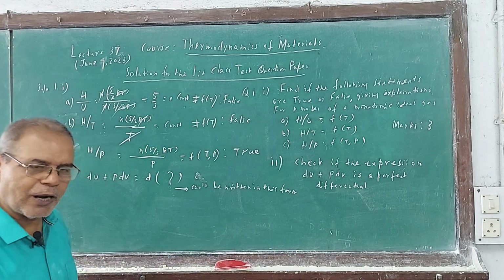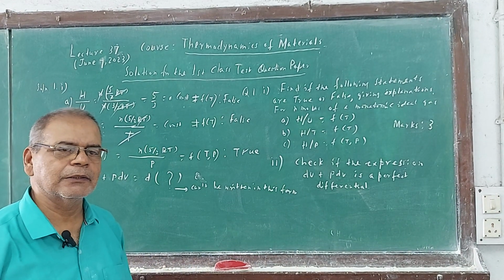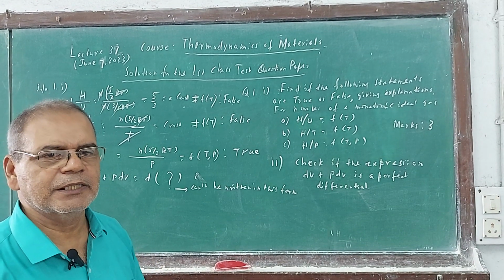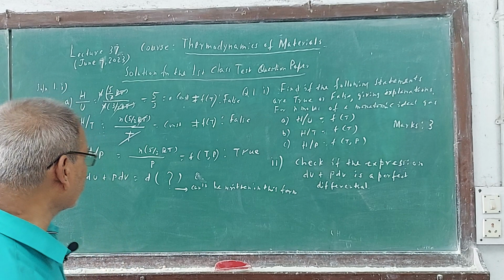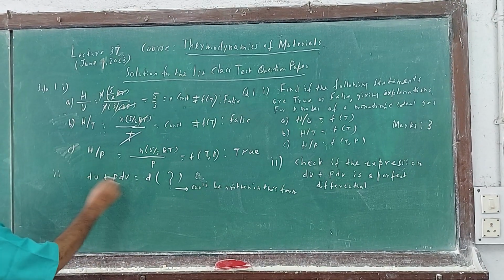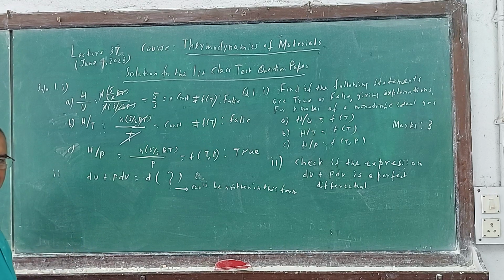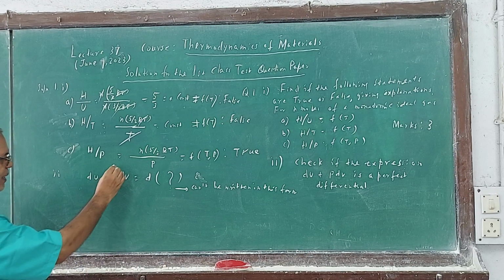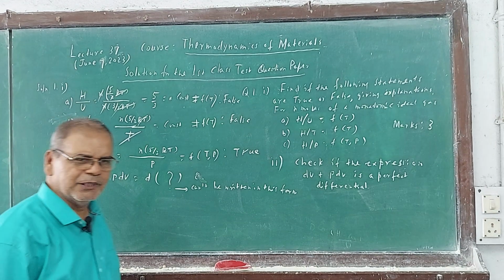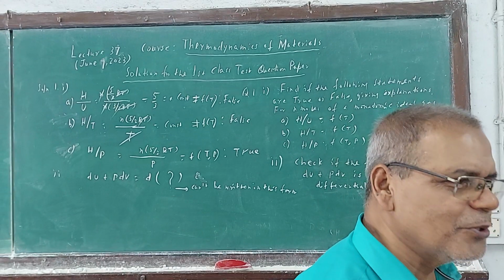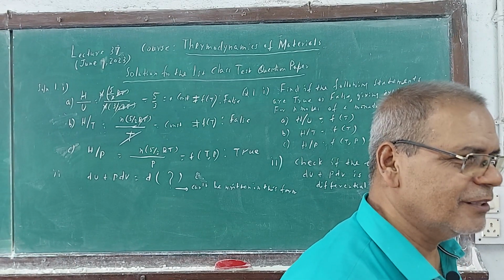That leads to: it cannot be integrated without specifying any conditions. Freely you cannot integrate. Since you cannot write this as a perfect differential, you cannot integrate it. Same answer. If you integrate, the dU part you will integrate easily. But for the PdV integration, unless the PV relationship is known, we cannot.